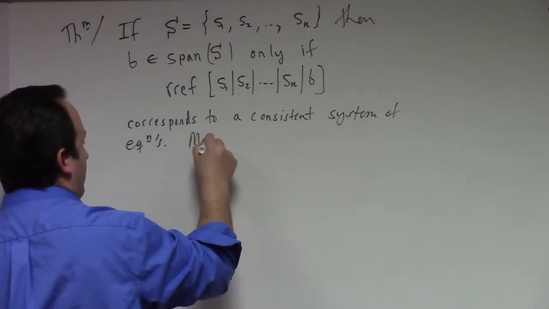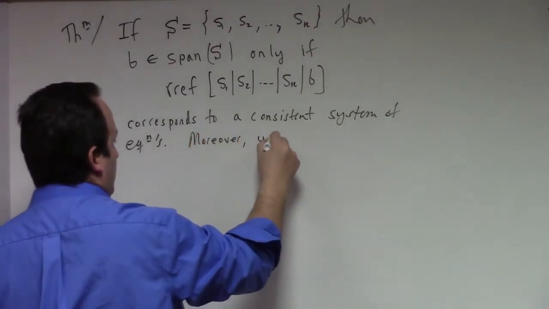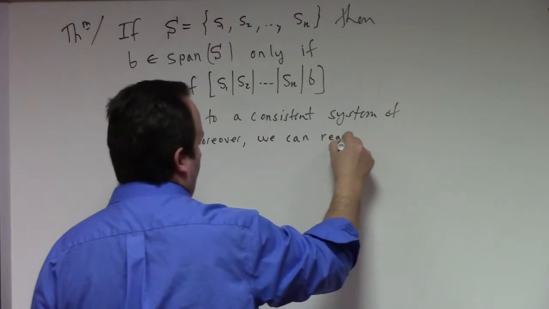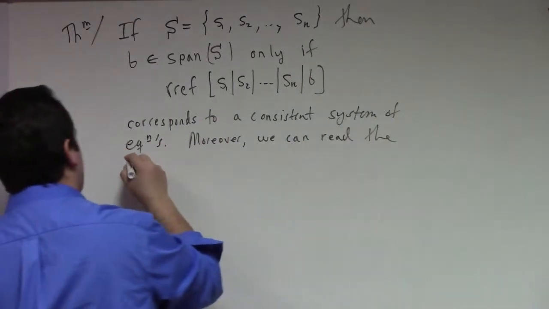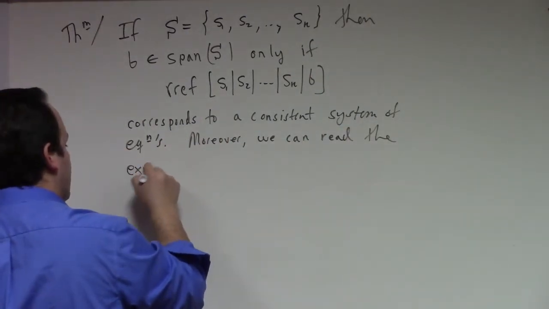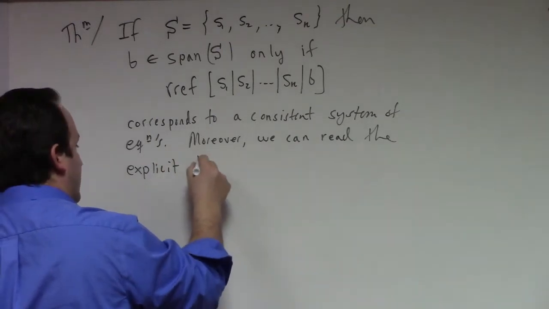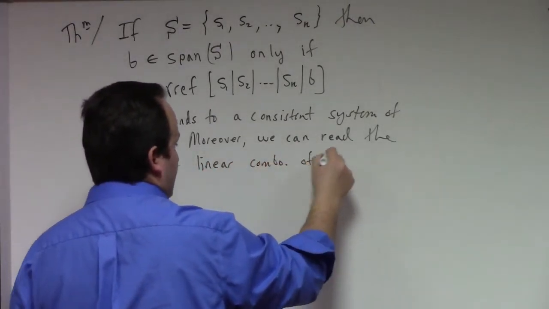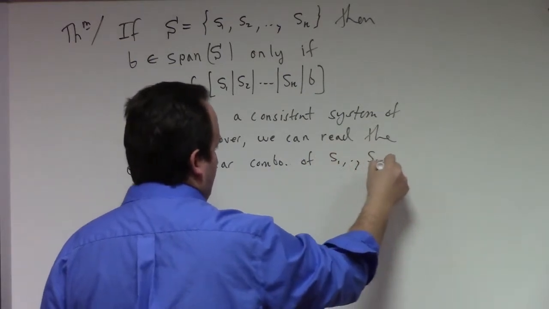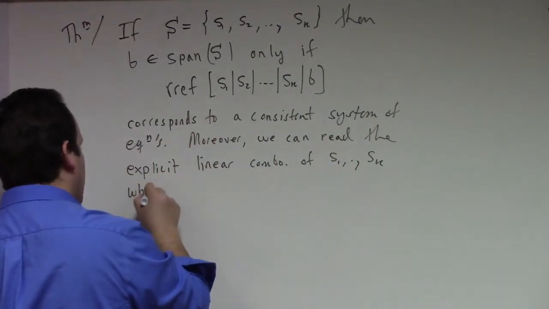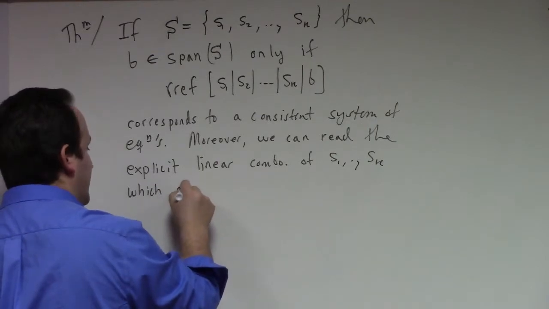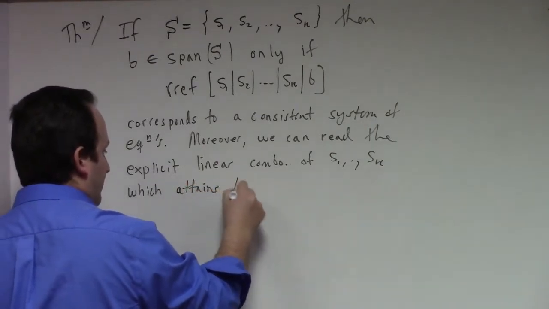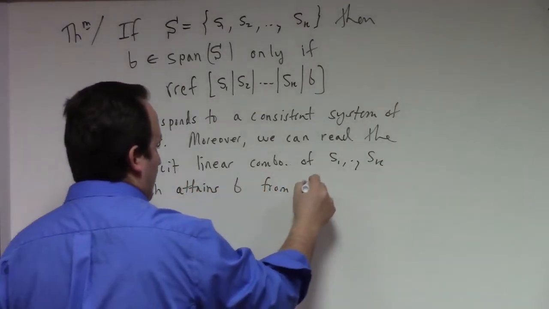Moreover, we can read the explicit linear combination of the S1 through Sk which attains B from star.